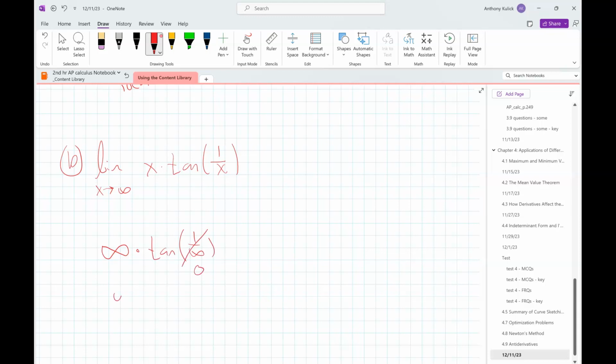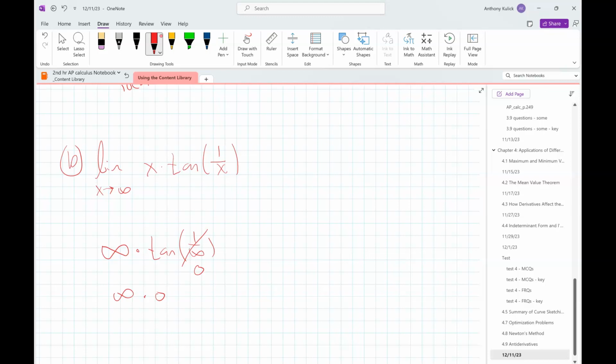And tan of 0 is 0. That's one of our indeterminate forms. However, we cannot apply L'Hopital's rule to this indeterminate form. We can only use L'Hopital if it's 0 over 0 or infinity over infinity.